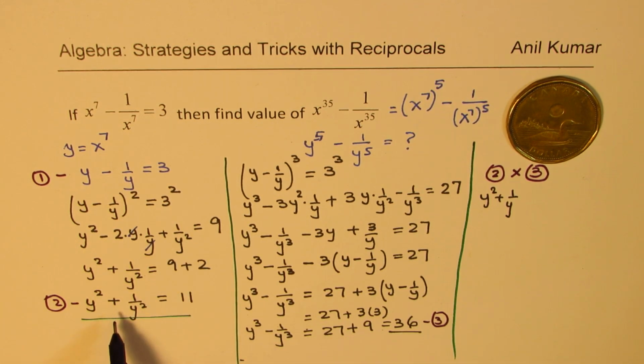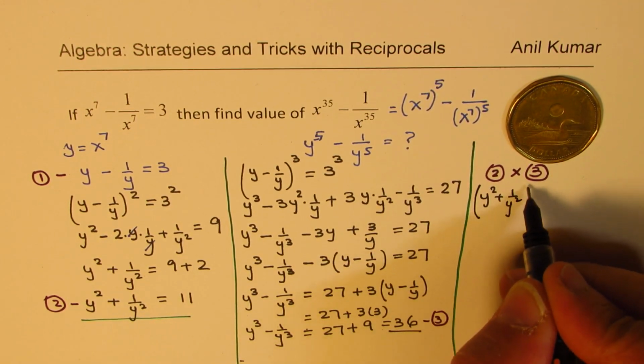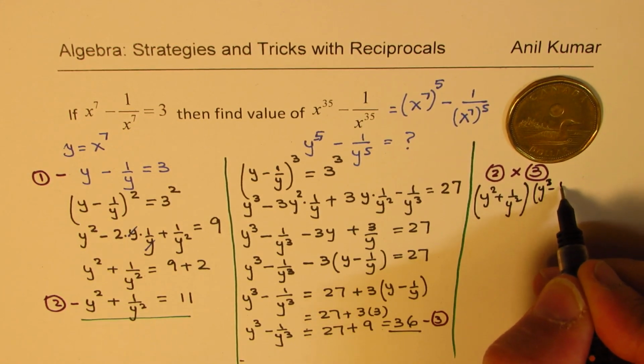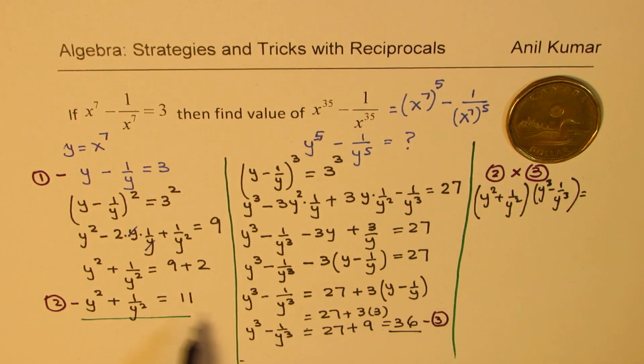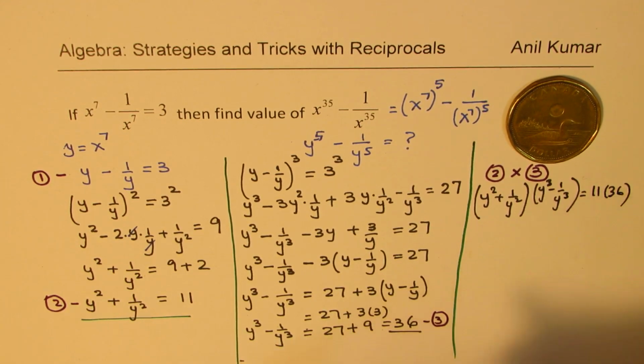It is y square plus 1 over y square, right? Yeah, this one is minus, okay. 1 over y square. And here we have y cube minus 1 over y cube. And that is equal to 11 times 36, correct? So that is what we have.